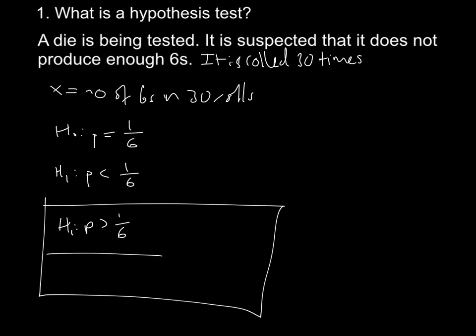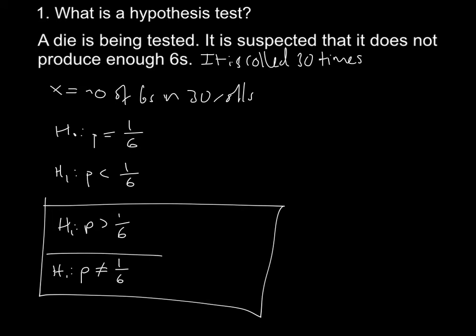Or you could have another hypothesis where we'd say that the probability is not a sixth. That's where you think it's unfair, but you're not sure whether it's producing too many sixes or too few sixes, so you test both sides. We will be looking at those in future videos.